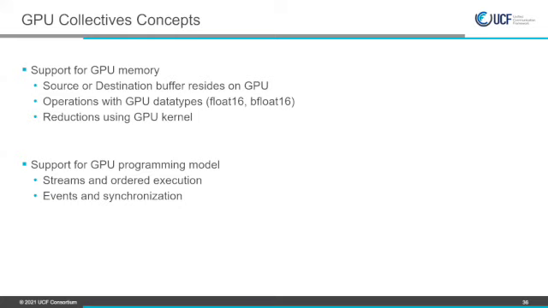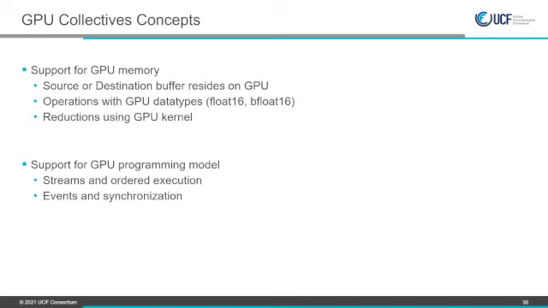For a collective library, it's also important to have support for different GPU-specific data types like float16 and bfloat16. Of course, they're used in the CPU world as well, but they're more widely used in GPU tasks. And finally, we also need support for reduction operations using GPU kernels for reduce-scatter or allreduce collectives.